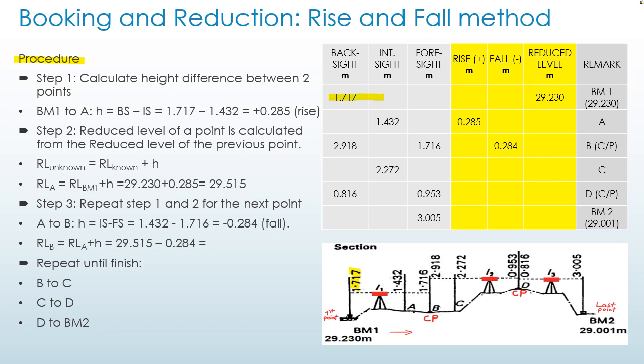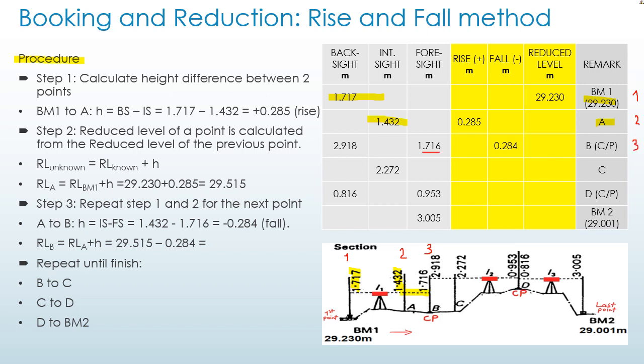You write it in the first line here, and then move on to point A. Point A, the next row, the reading is 1.432. And then we move to point B. So the order is point 1, point 2, point 3, and we write in row number 1, number 2, number 3.